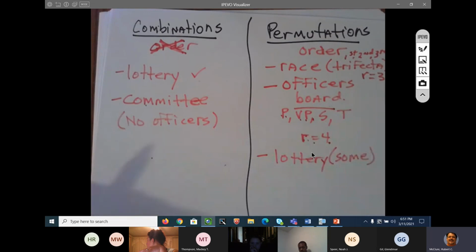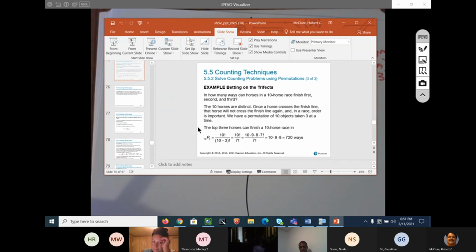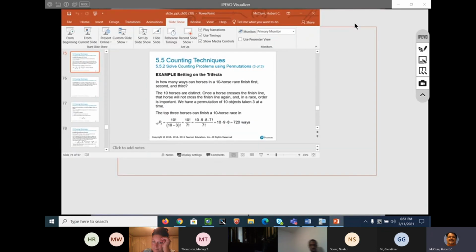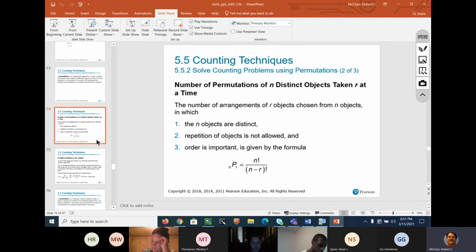Now, I'm going to go ahead and show you the formulas, and I want you to write down the formulas, but I'm not going to hold you to the math. I want you to write down the formulas for your information in case you are asked on a standardized test. This is permutation. Write that down. I'll blow it up here in a second.